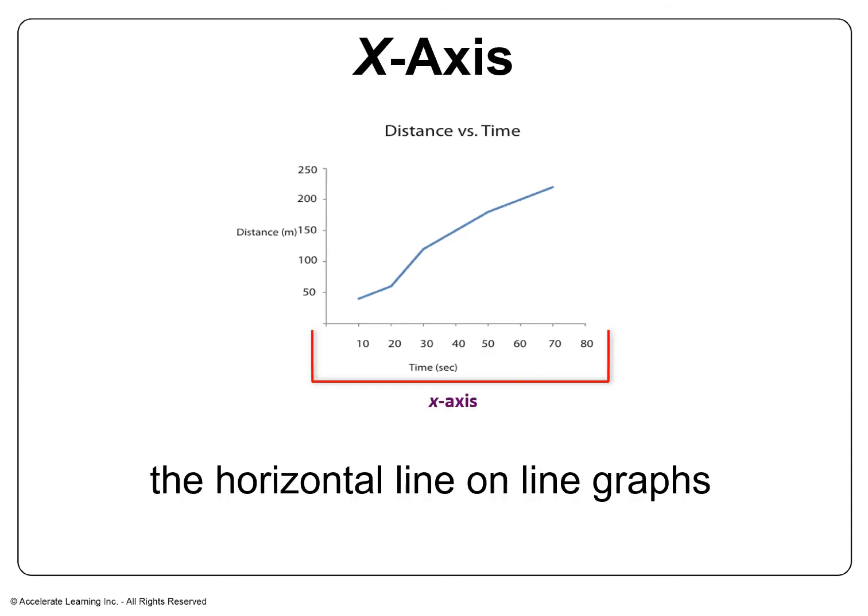Okay, so next, let's talk about these graphs. How are we going to tell the difference between the line that goes up and down and the line that goes side to side? Well, there are an X and a Y axis. The X axis is the horizontal line on a line graph. If you were to stand up and look outside your house or out the window, you would look out towards the horizon. Does anybody know what the horizon is? Well, the horizon is the place where the sky meets the ground, way out from where you're standing.